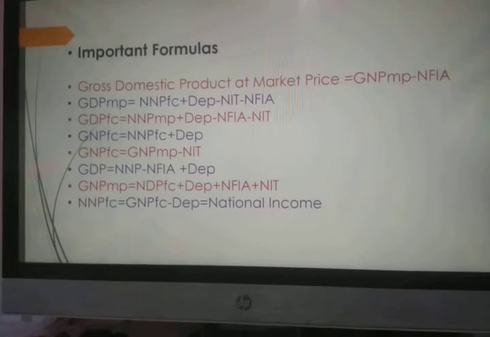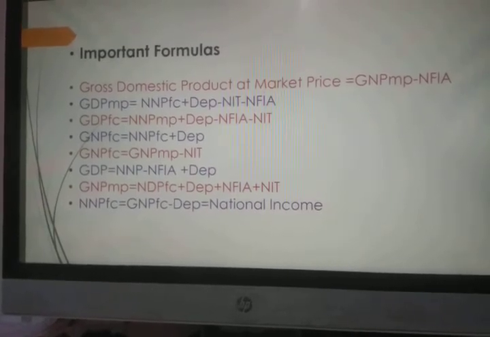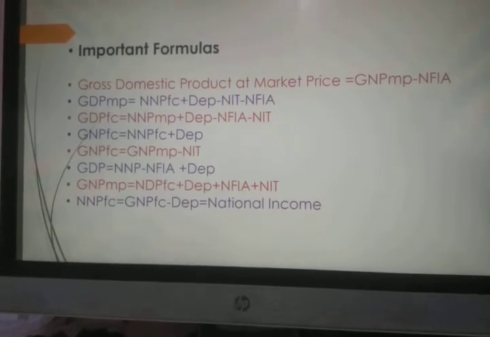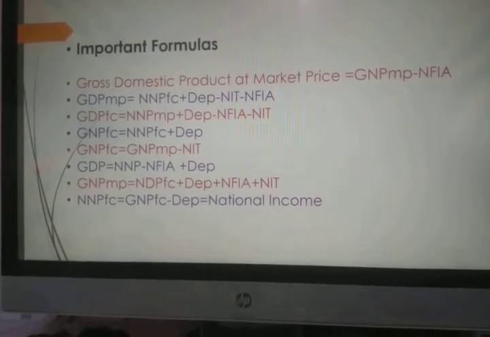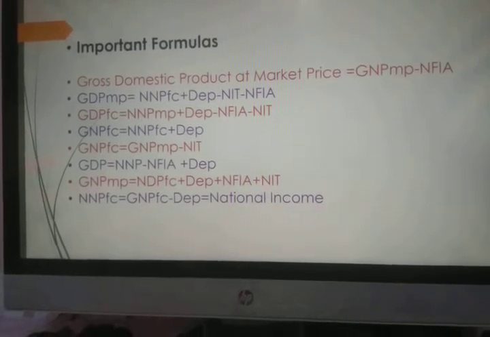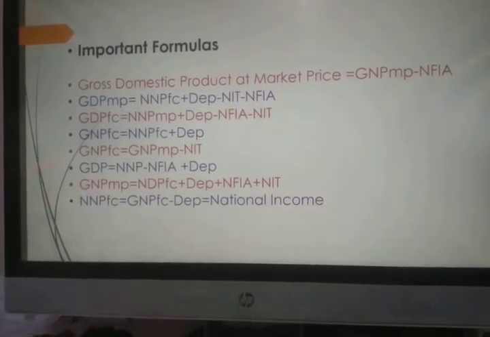Next, your GDP MP is equal to NNPFC plus DEP. Again, you have to be very, very careful regarding the concept that the G and N matter.